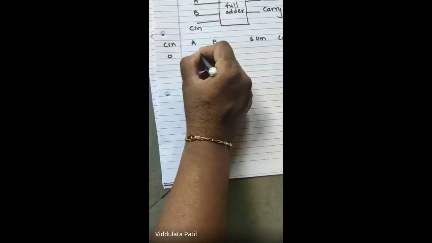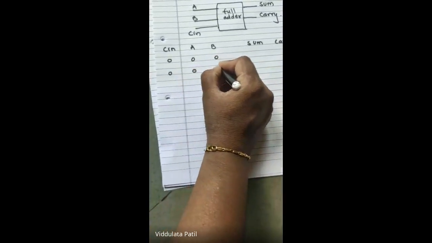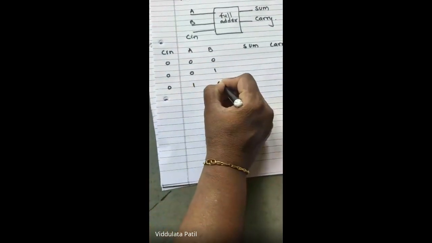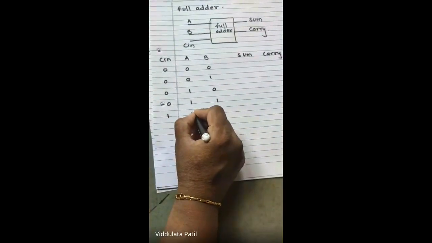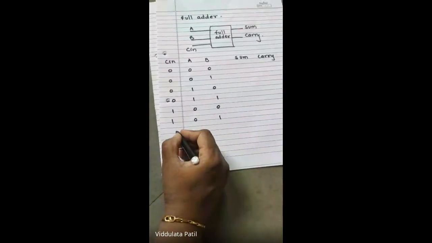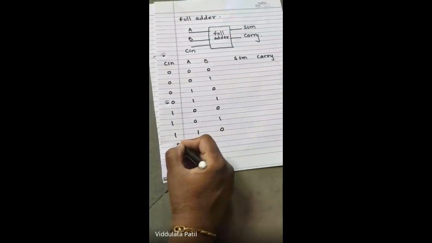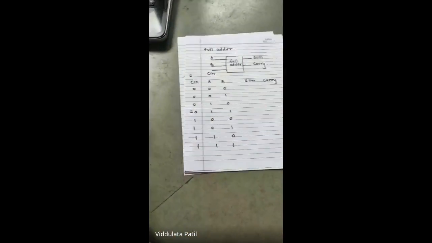Okay, 0, 0, 0. I'll write this first and then we will go further. 0, 0, 1, 0, 1, 0, 0, 1, 1, 1, 0, 0, 1, 0, 1, 1, 1, 0, and 1, 1, 1. So we have written all the input combinations.